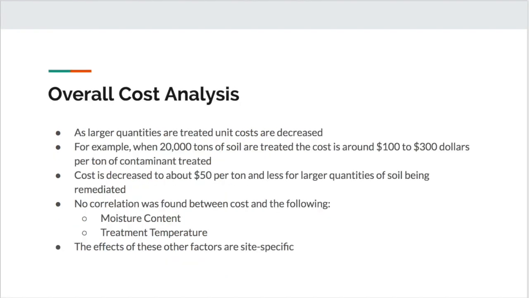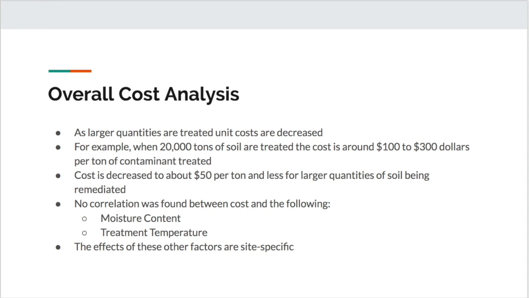So the overall cost analysis: as larger quantities are treated, unit costs are decreased, which we can also often see with any other thing in economics. If you're buying in bulk, your unit cost goes down. So, for example, when there's about 20,000 tons of soil being treated, the cost is around $100 to $300 per ton of contaminated soil treated.